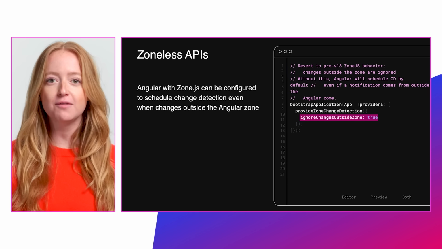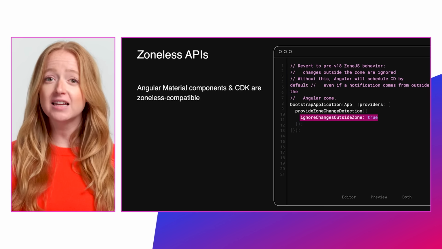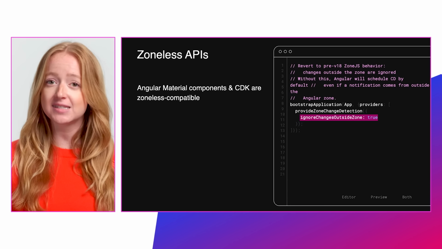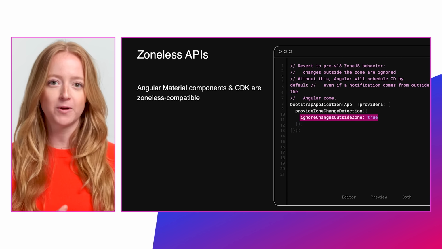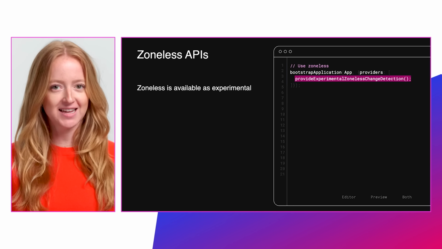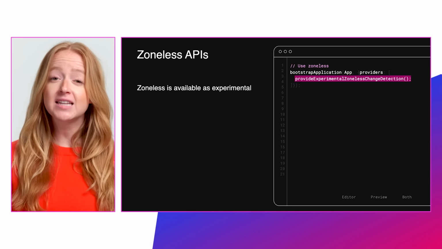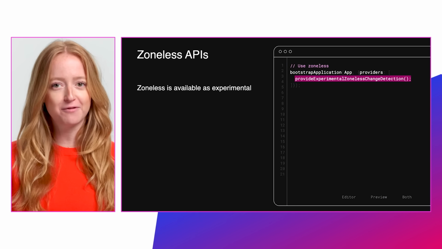This takes advantage of the Zoneless scheduler in existing Zone.js apps. And Angular Material components in the CDK are Zoneless compatible. Zoneless is available as experimental in V18. To learn more about experimental Zoneless support, head to our guides on angular.dev.